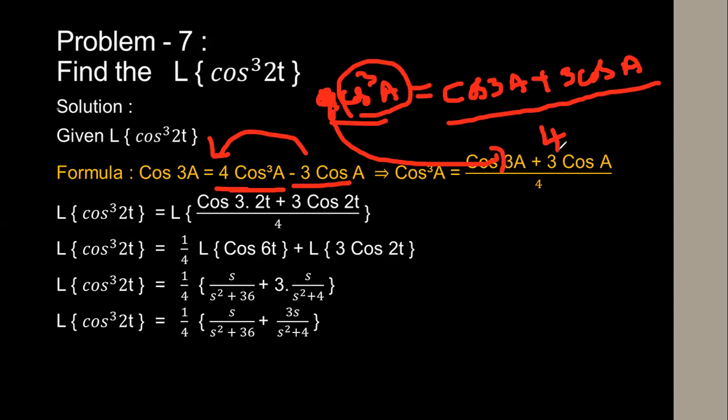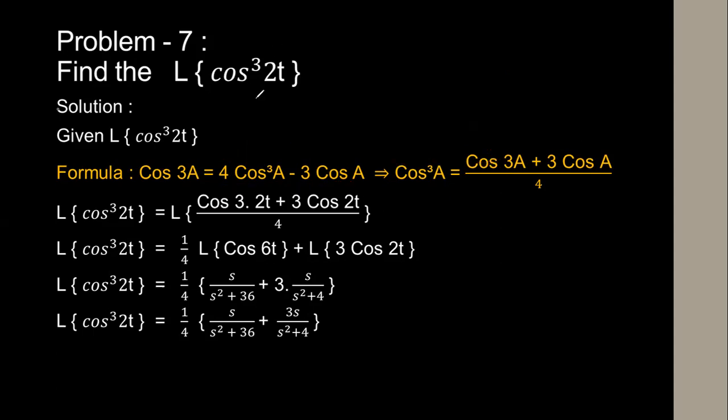So cos cube a is cos 3a plus 3 cos a by 4. This is the way you have to simplify when you have a cube type of trigonometric function. Right, so in place of a, we have 2t.